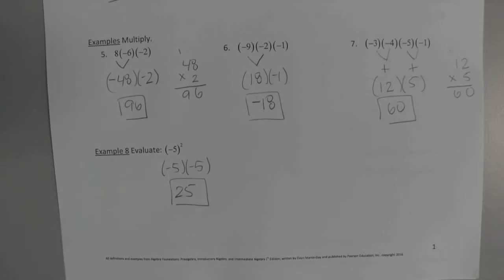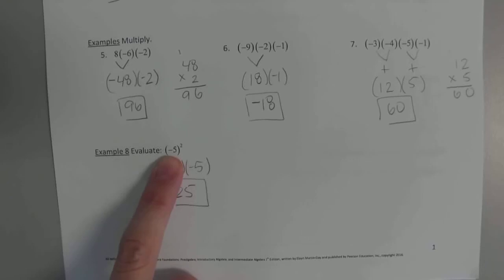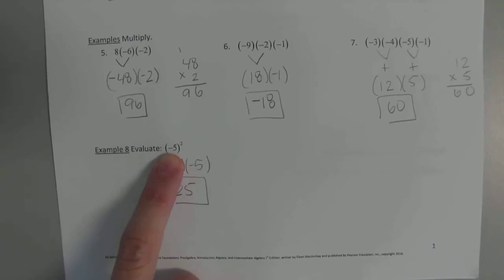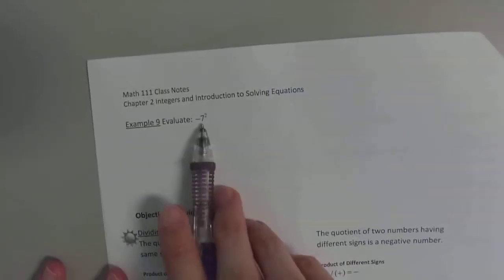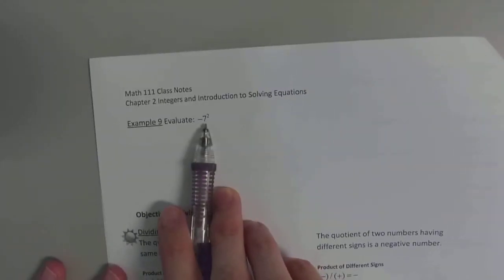Why am I pointing this out? Because on the top of page 2, there's something different happening. What's different from what you see on top of page 2 compared to this one? No parentheses. Exactly. You're like, well, why does that make a difference? Because since there was parentheses, this means I'm squaring all of it, the negative 5. Here, though, you're only squaring the 7.